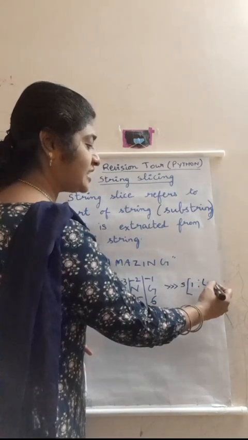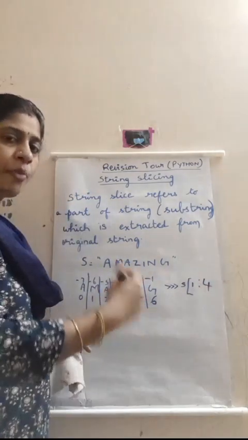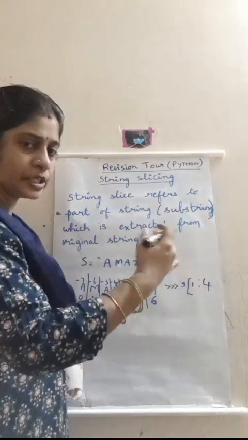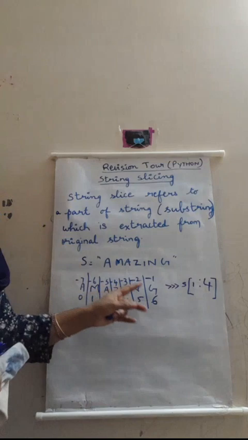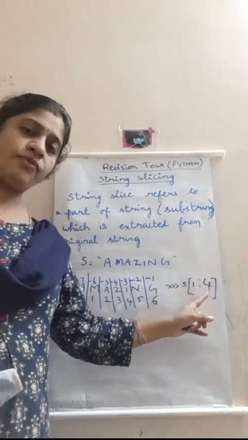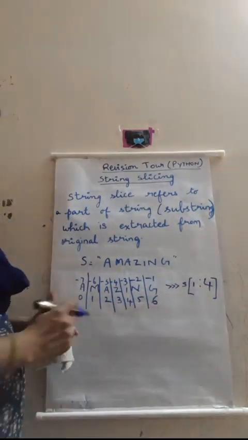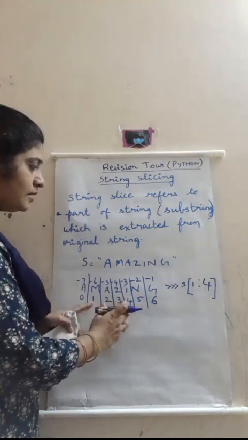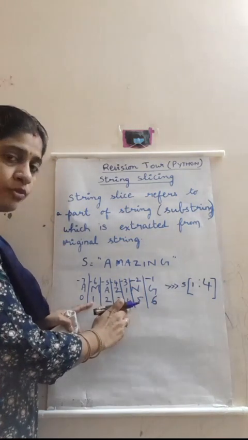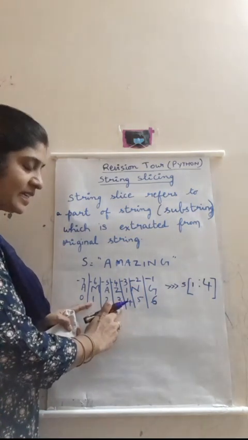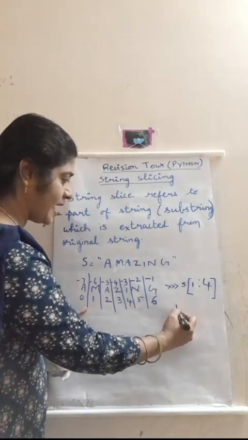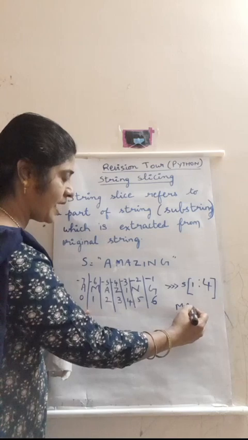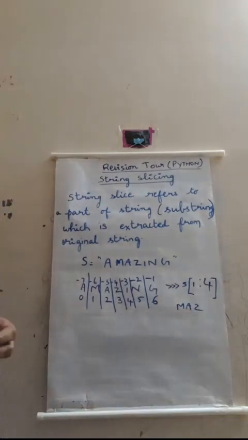And the last one would be the step. How much increment do you have to do? By default it is 1, so I am not writing that. If you write 1:4 like this, it will extract from 1, exclude 4, and extract up to 3. So the answer here would be MAZ.